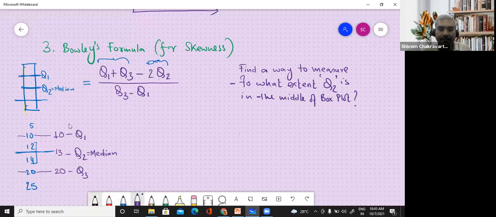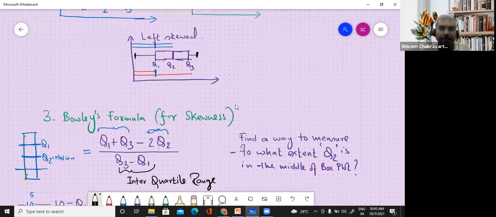Coincidentally, this difference is also called the interquartile range, IQR. If you remember, to find the whiskers, the endpoints of these whiskers, we used interquartile range.